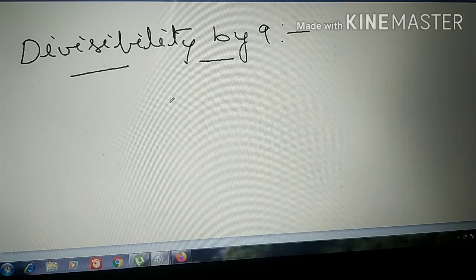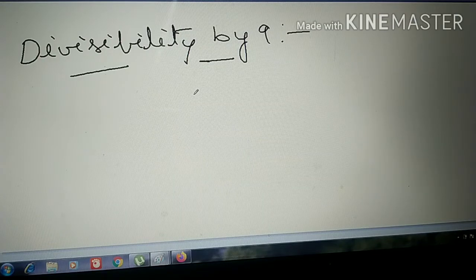Okay. In the divisibility by 3, what have we learned? If the sum of the digits is exactly divisible by 3, then the given number is exactly divisible by 3. That is the rule we learned in divisibility by 3. The same is applicable here.